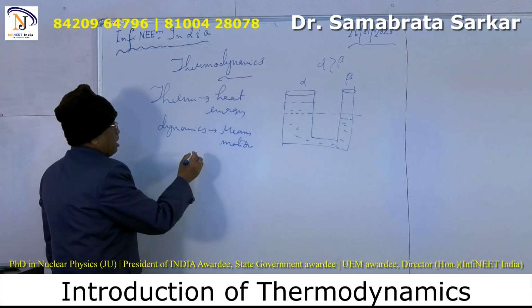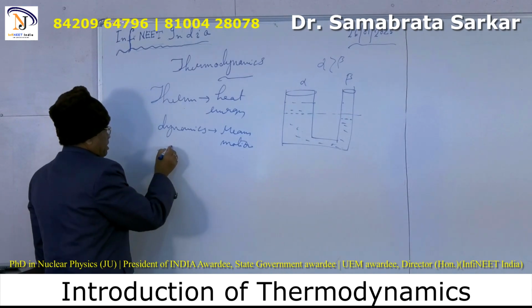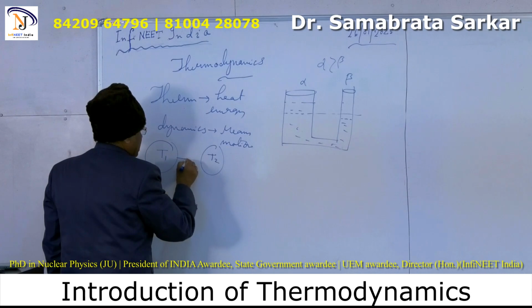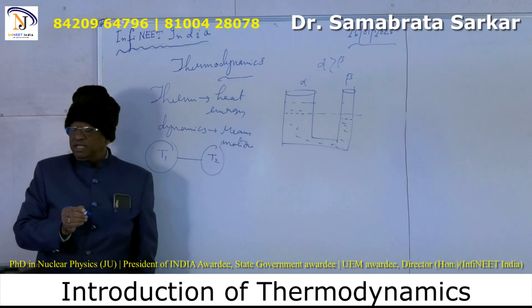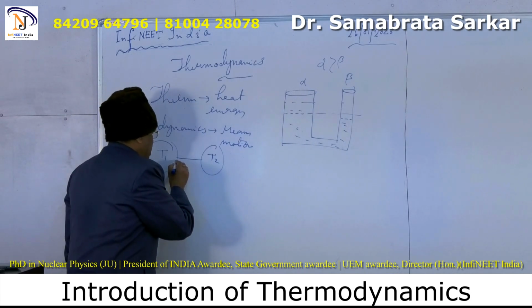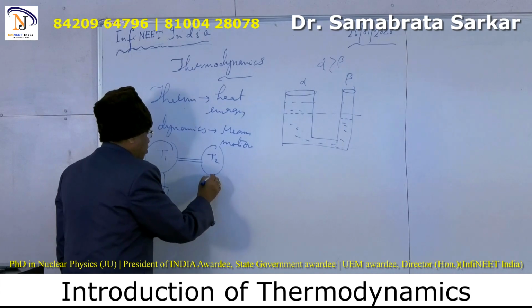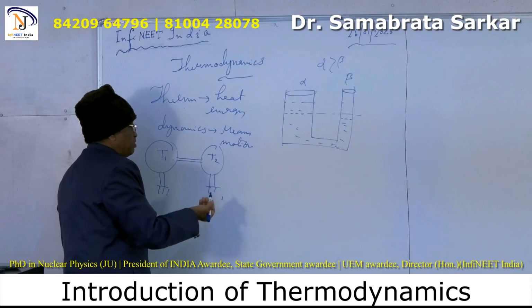So, you see, if the temperature of this body is T1 and this one is T2, and if it is connected with a diathermic material, that is a conducting material, then heat will flow from this to this one. How long will it flow?